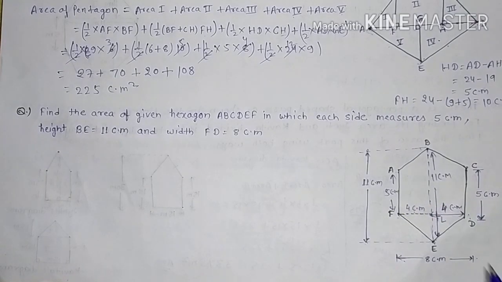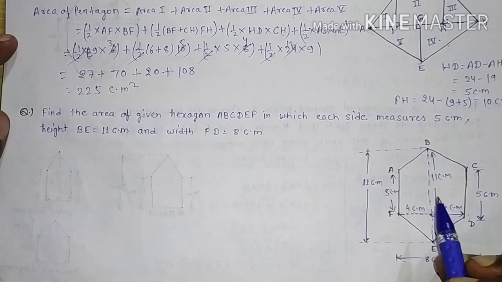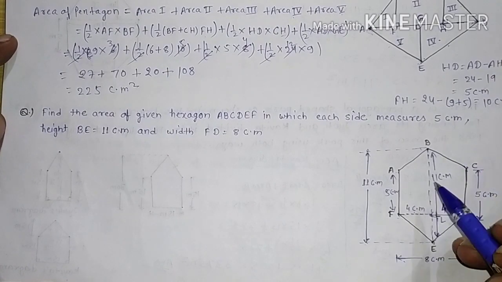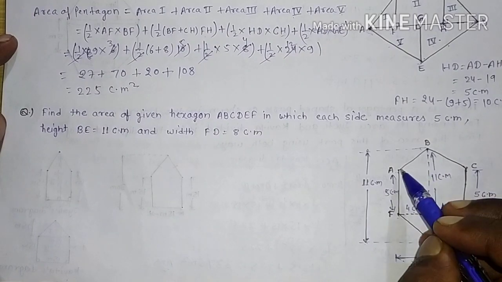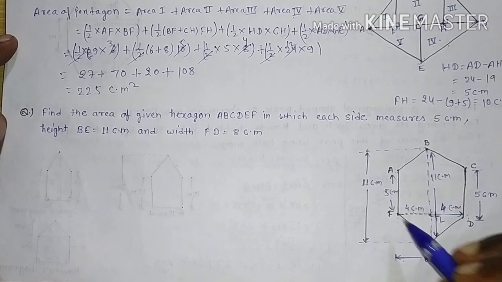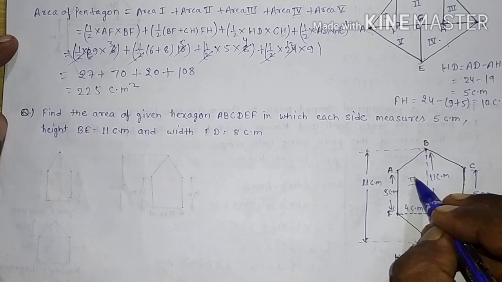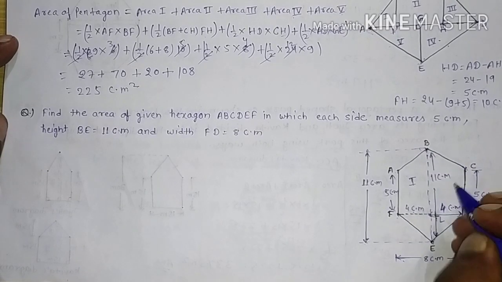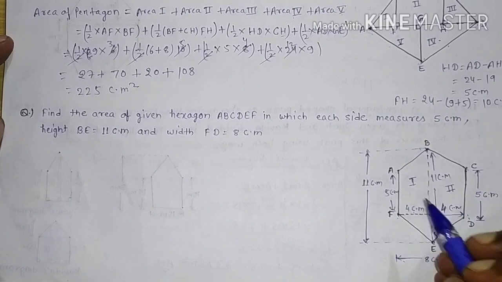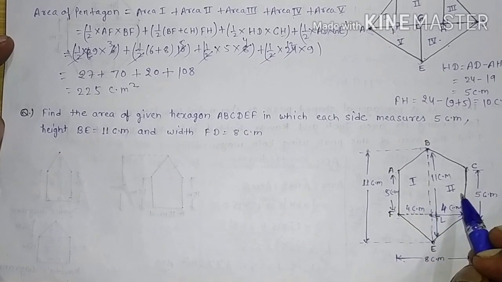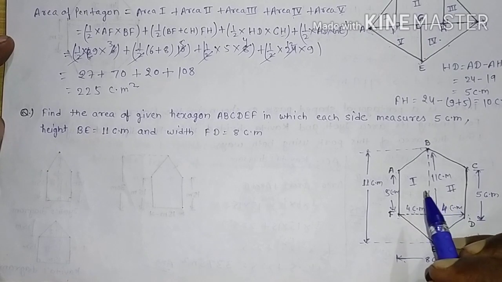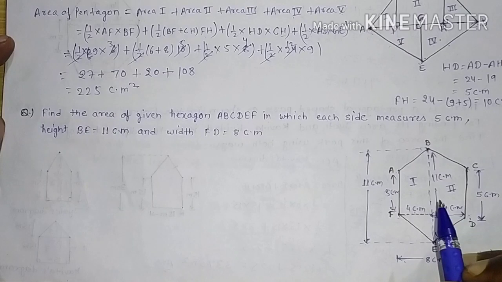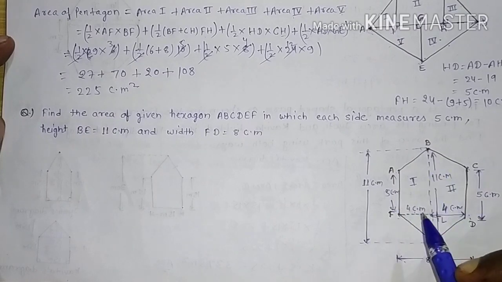Now simply here we have to find the area of the hexagon. Let's suppose the section A, B, E, F is the first section, and B, C, D, E is the second section. These two sections are given here, and we have to find the area of these two sections and just add them. Then we can get the area of the total hexagon.